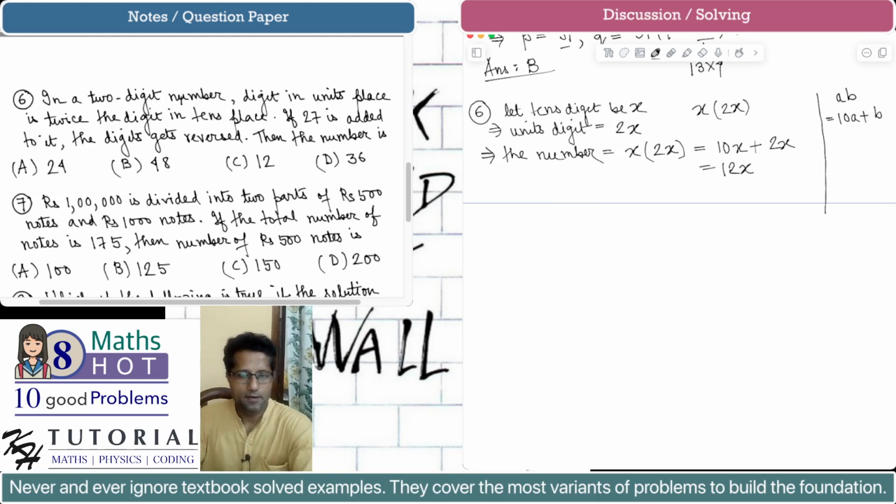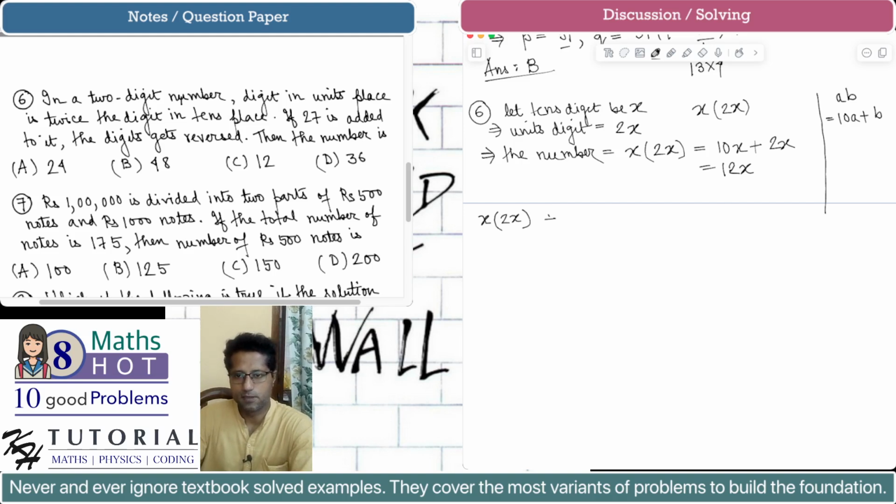Now it is given that if 27 is added to it, the digits get reversed. The original number was of the form x and 2x.